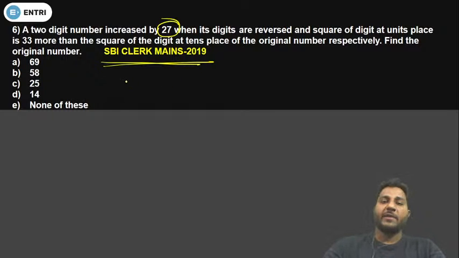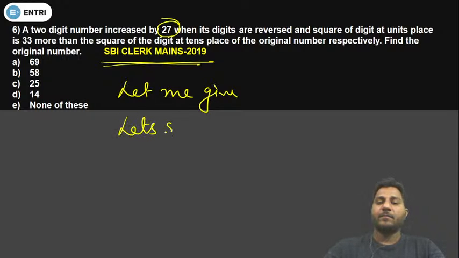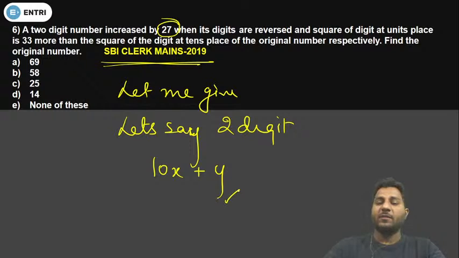Let me give you a hint. Let's say the two-digit number will be 10x plus y. So the units place will be y and the tens place will be x. Now this number will be increased by 27, that means the difference will be 27 when the digits are reversed.